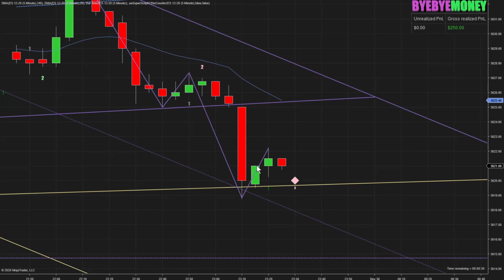Bulls coming out. Three tick range on this candle in 5 minutes. 3 tick range, might be 4 ticks here.